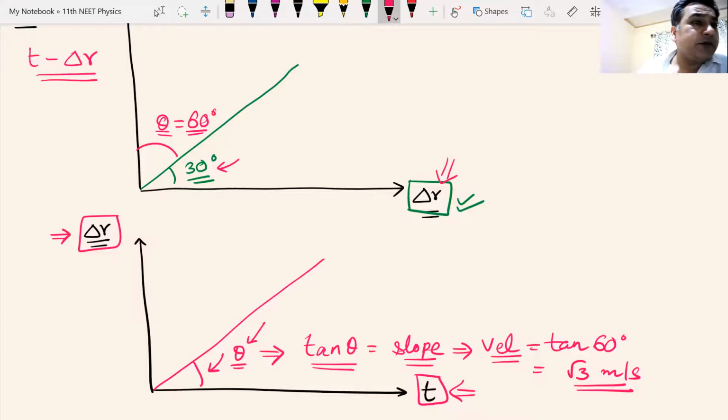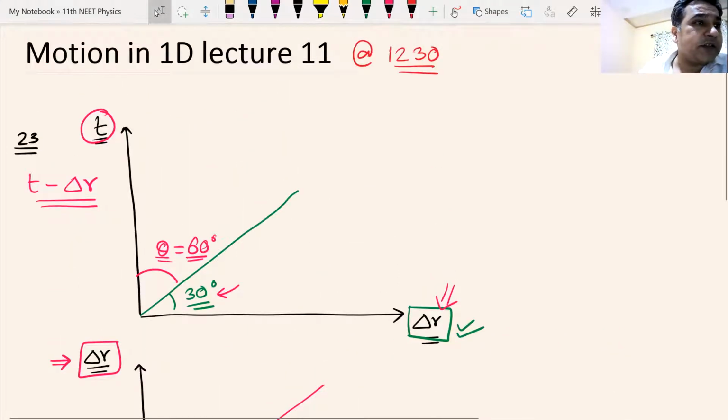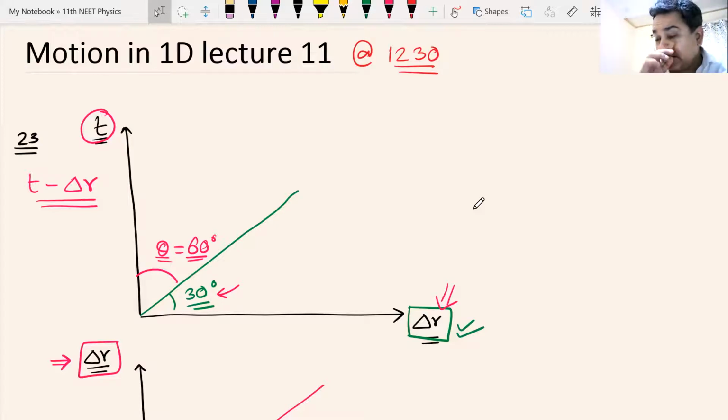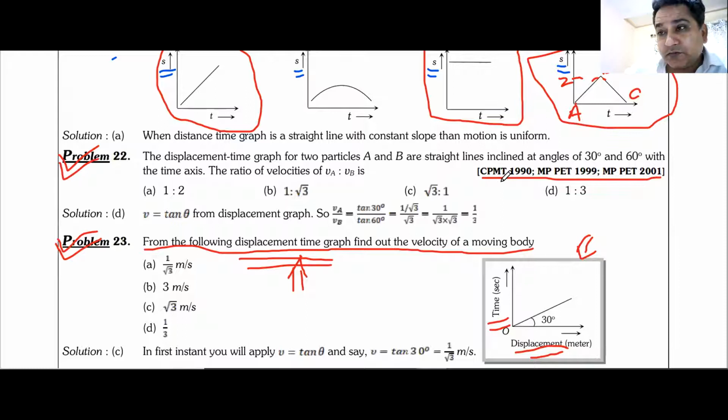Let us do one more question on this, and then I'll do one question of my own. Now, this is problem number 22. It has come in so many exams, CPMT, MPPT. It has also come in your NEET exam. I am just showing it to you. This is a solved example from your file.